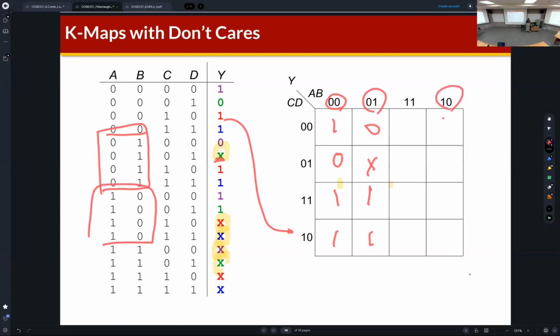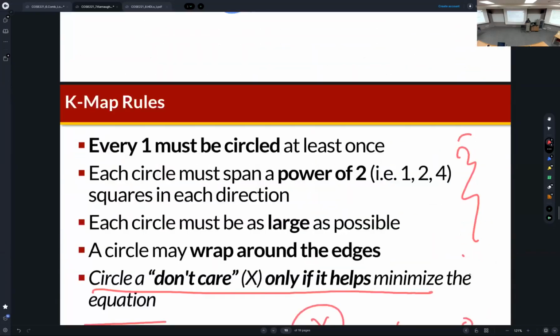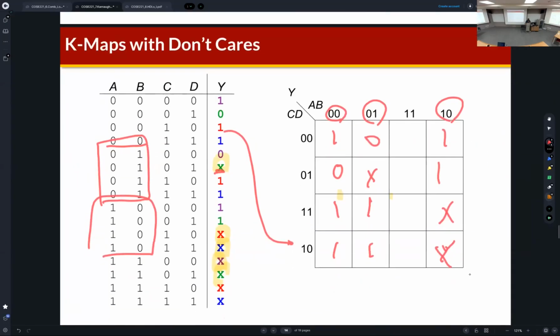So which is 1, 1 and X, X. Okay. X. How about the 1, 1? The 1, 1, it's X, X, X, X. Okay, so this is the first representation of the Karnaugh map.